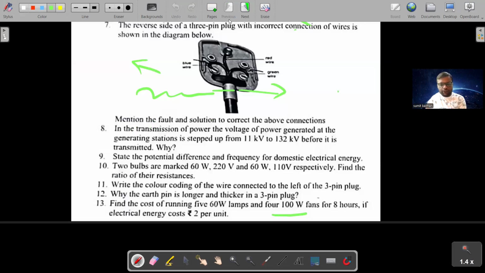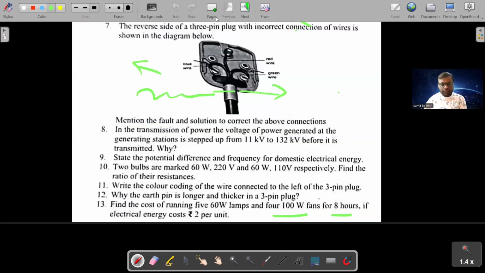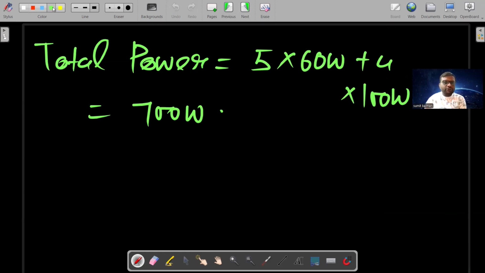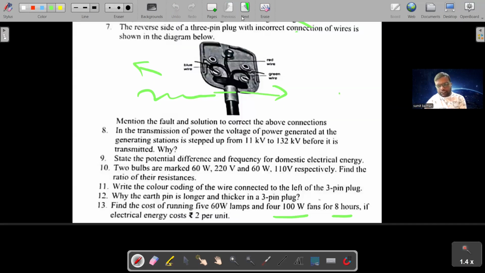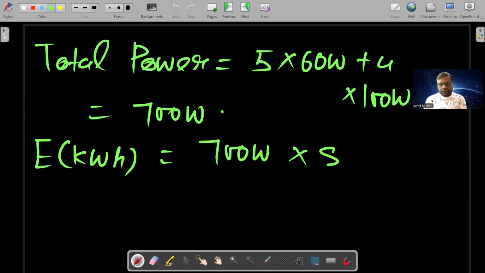This is the total power, and students, it is used for 8 hours. So here we have to calculate the electrical energy cost. For this, we need the electrical energy consumed in the unit kilowatt hour. Here, this is in watt. So 700 watt into 8 hours.